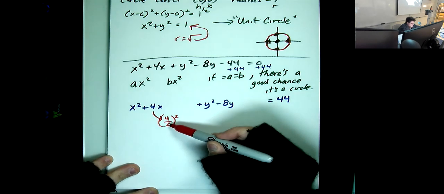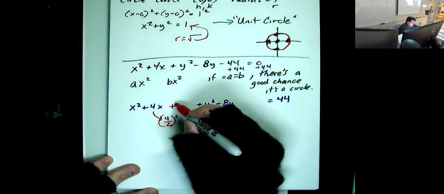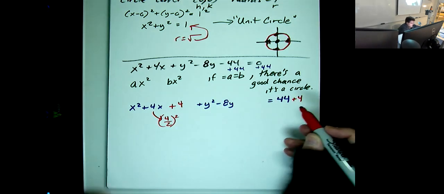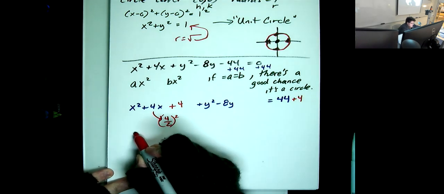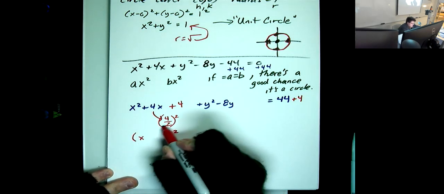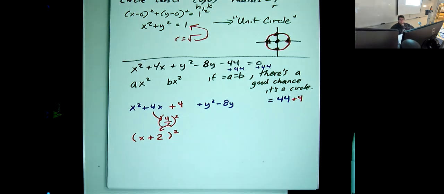Four divided by 2 is 2. 2 squared is 4. I'm going to add 4 to both sides. And just like we did when we did completing the square, I can take that and drop that right in my little parentheses for the x.